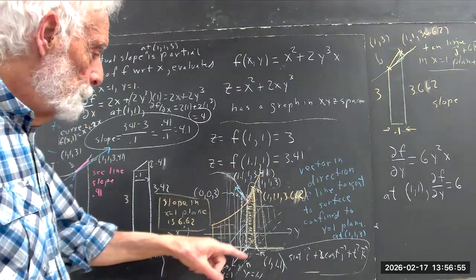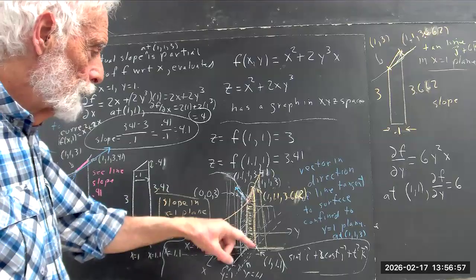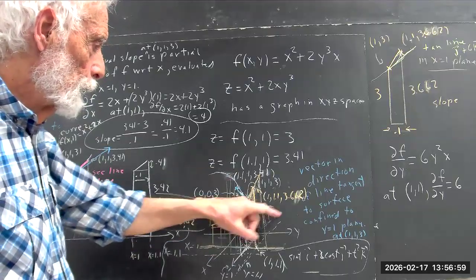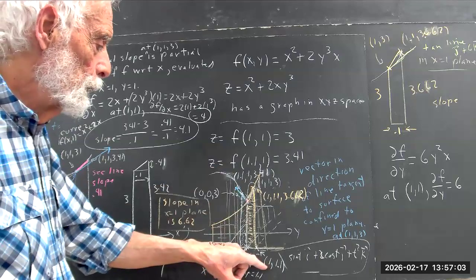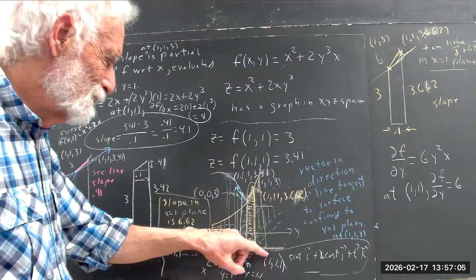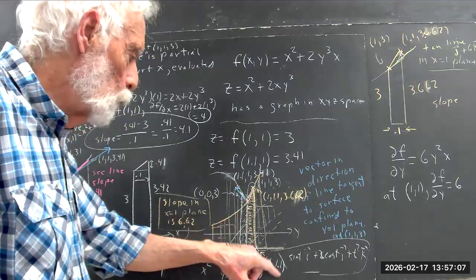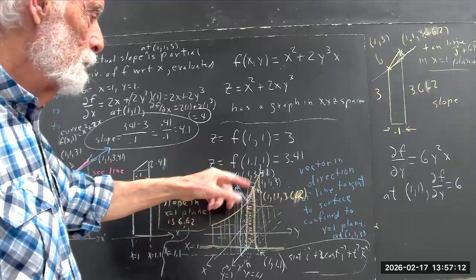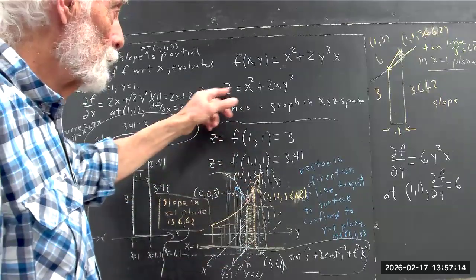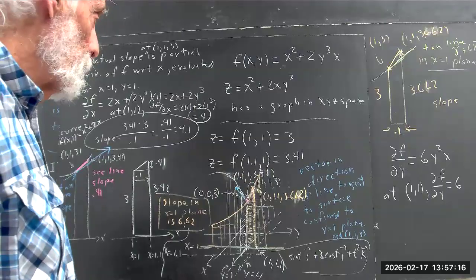Now the picture depicts this vertical line segment of length 3.662 coming out of the xy point 1, 1.1. And there's the point that's on the surface formed by this graph.